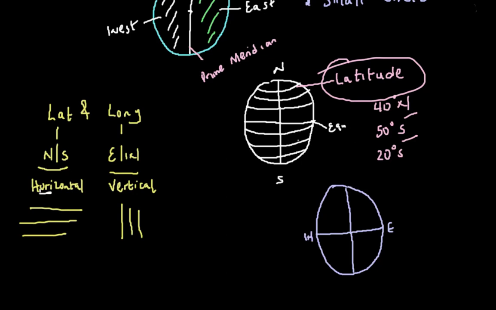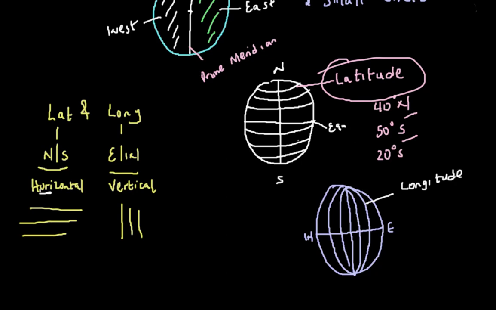Does this make sense? So if we have any vertical line on the east of the prime meridian, we have lines of longitude, and then on the west we can have lines of longitude. Now it means that all these are lines of longitude.